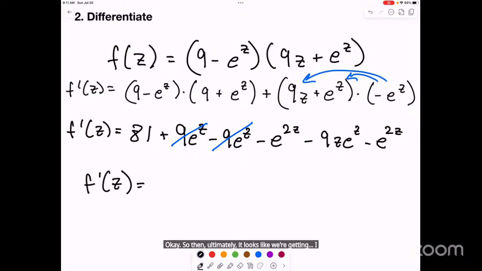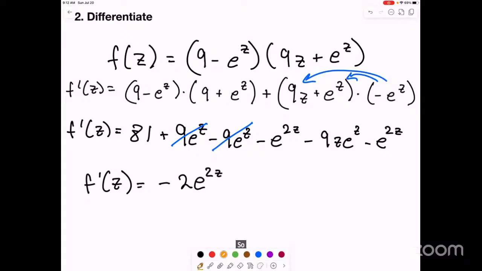I'll try to put it in some sort of descending power order. Now we might be able to factor this. So here, let's do this. We got this negative 2 e to the 2z, all right?